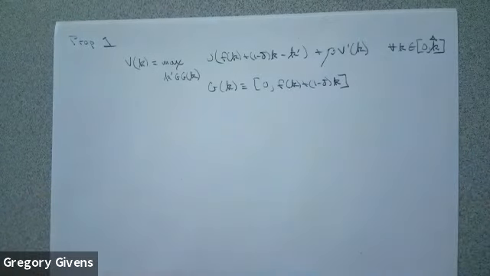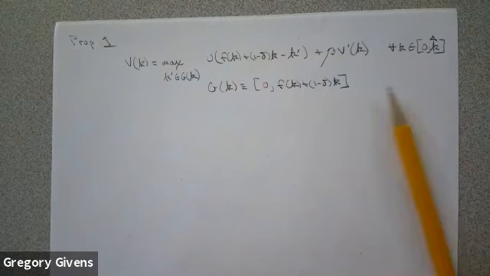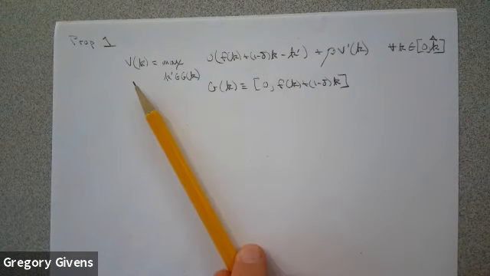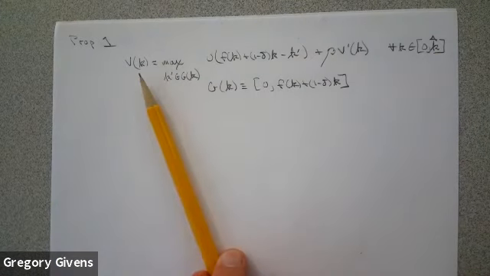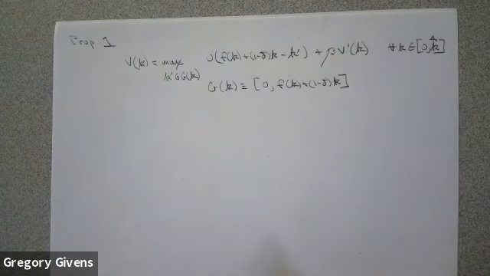All right, here is the recursive statement of the optimal growth problem, okay? We've already been over this. This must be true for any possible value of k on its feasible set 0 to k hat.